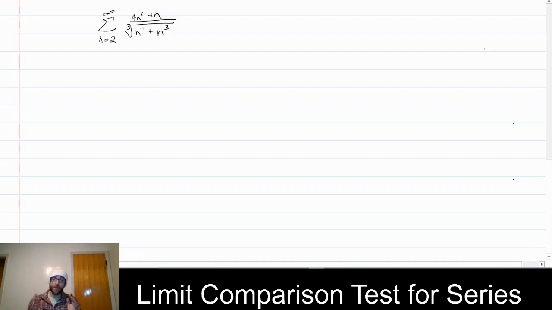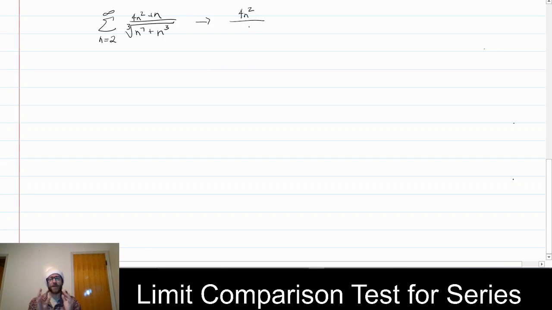Let's take the limit and see what happens here, just doing some holistic analysis. We know that in 4n squared plus n, as n gets really big, the n squared overpowers the n, so we can just put 4n squared on top.